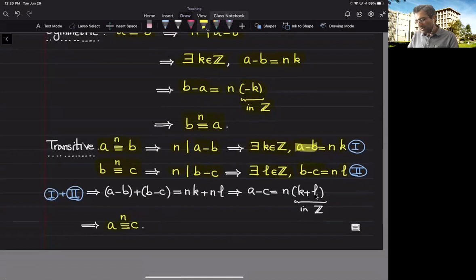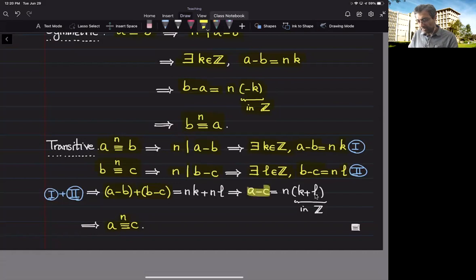Now, from here and here, I need to reach A minus C. How can I do it? I can simply add these, and then B and negative B cancel out. I end up getting A minus C. So as I add these two equalities, the left-hand side gives me A minus B plus B minus C. And as I pointed out, these two cancel out.